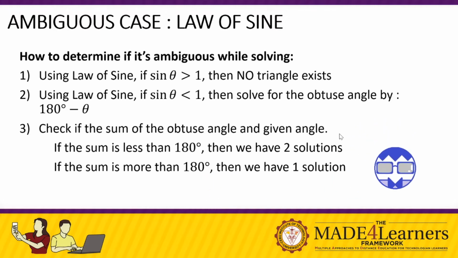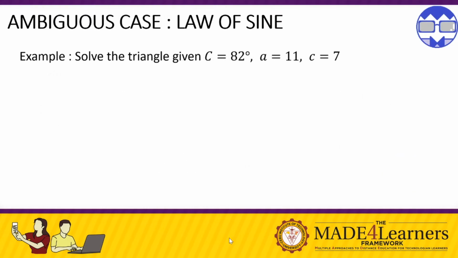Okay, so to understand, let's have some examples. Let's try this. Solve the triangle given C equals 82 degrees, side A equals 11 and side C equals 7. Either we draw or we can list down our given.